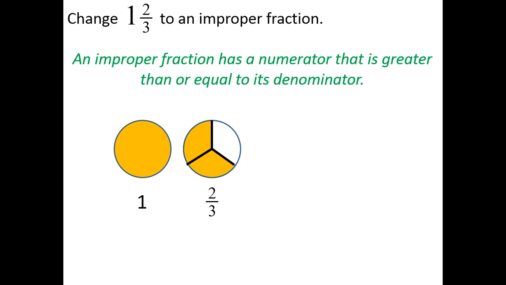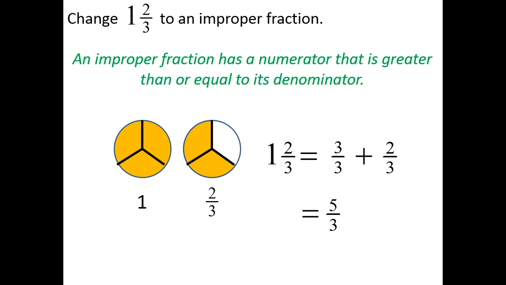To change this to an improper fraction, we want to take the 1 whole and break it up into 3 equal pieces, just like the 2/3 is broken up into 3 equal pieces. Now we've got 3 out of 3 equal pieces in the 1 whole and 2 out of 3 equal pieces in the 2/3, which means in all we have 5/3. So 5/3, which is an improper fraction, is equal to the mixed number 1 and 2/3.